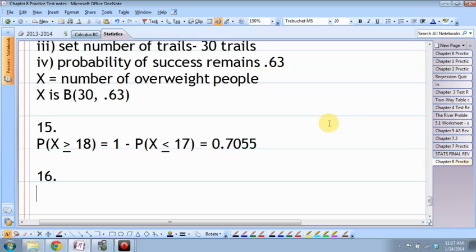Yeah, the normal approximation can be used for n equals 30. Okay, so we need to show that np is greater than or equal to 10, which means 30 times 0.63. Yeah, that's greater than or equal to 10. What about nq?